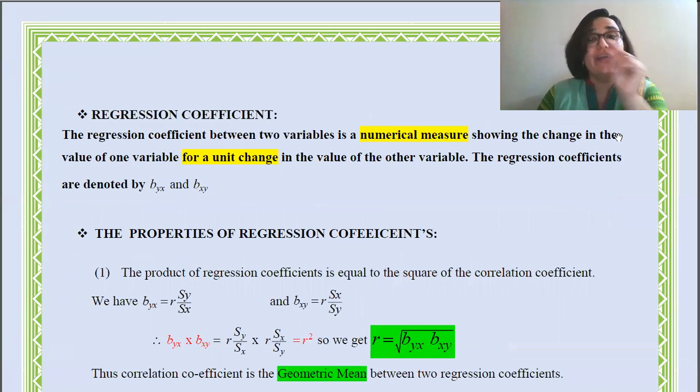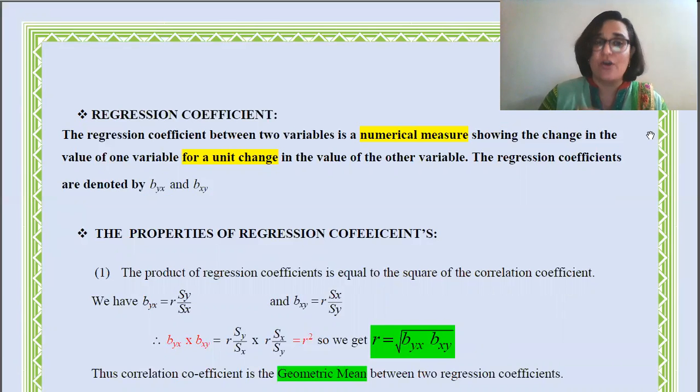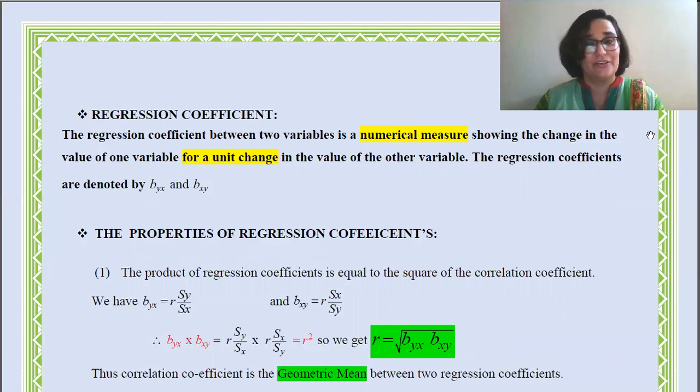They are numerical measures which show the change in the value of one variable for a unit change in the value of the other variable. All right. And byx, bxy, you already know them very well. They are the regression coefficients.